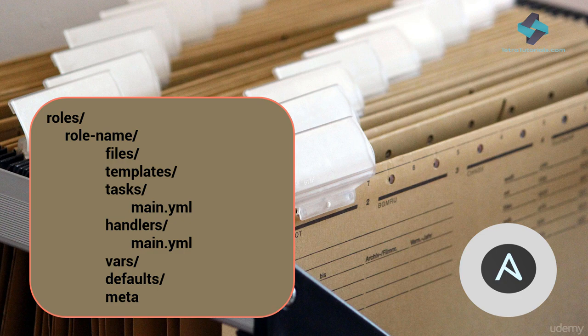Within the roles folder, we have individual folders for specific roles. The name of the folder specifies the name of the role. So in our case, we may have a role for WordPress, another one for MySQL, and another one for Common. Inside the role folder, we will have a few different folders, and each one of these folders has a specific purpose.